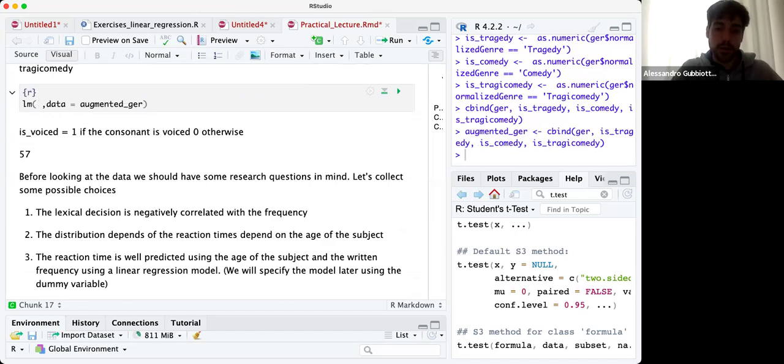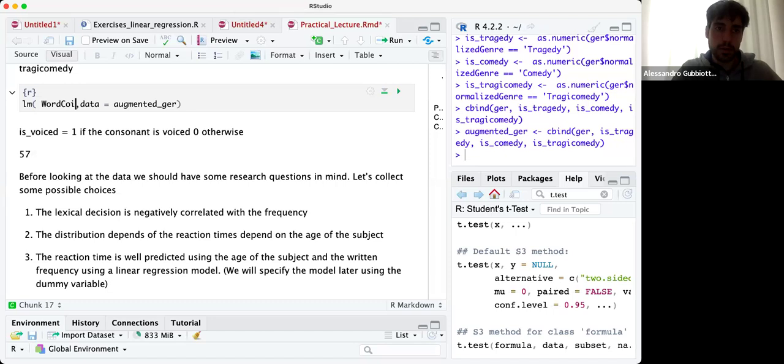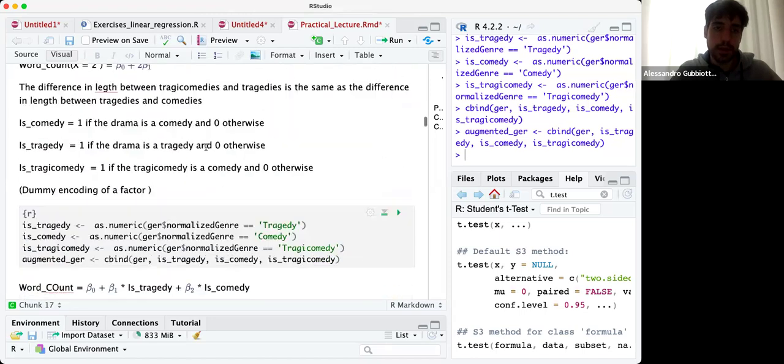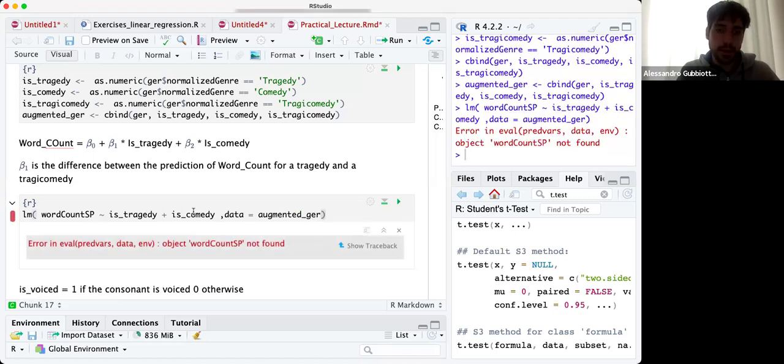So we predict the word count using the normalized genre, which was is tragedy plus is comedy, and we will get some results.